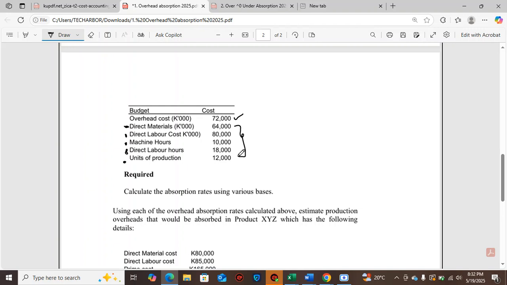All right, so we can start with materials cost. We want to get our overhead absorption rate using the direct materials cost.